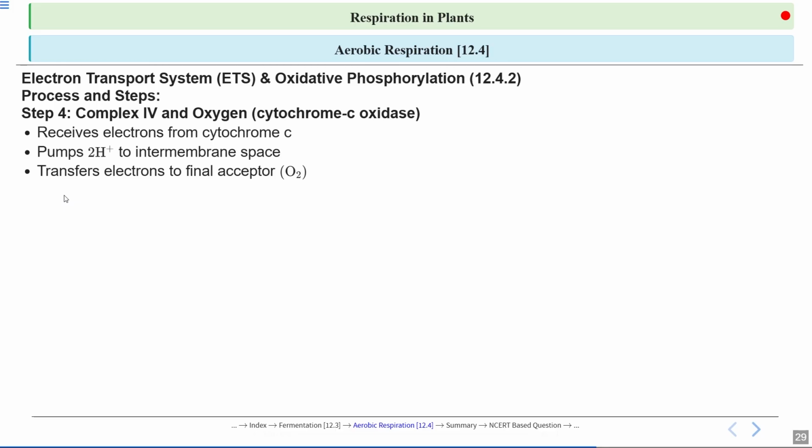Next, complex 4 transfers the electrons to the final acceptor, that is oxygen. So here's the reaction. Oxygen combines with 4 electrons and 4 hydrogen ions to form 2 molecules of water. And this is why we need oxygen to survive.